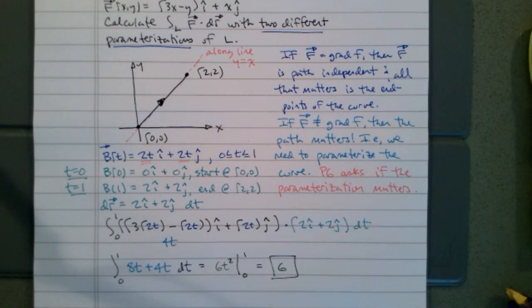Now we want to use a different parameterization from 0, 0 to 2, 2. So let's check that one out.